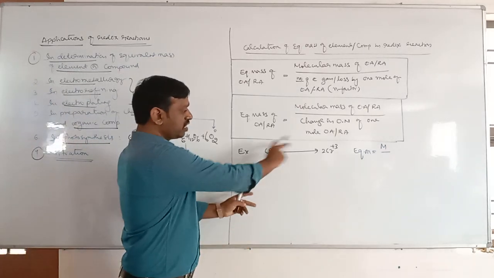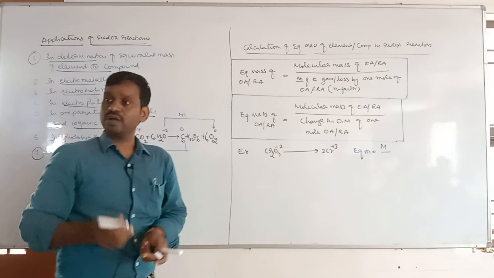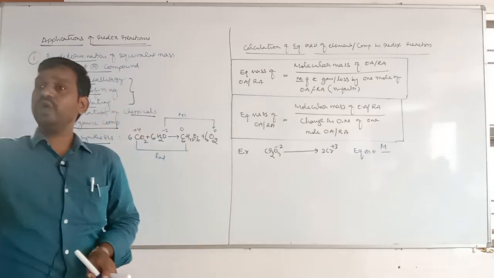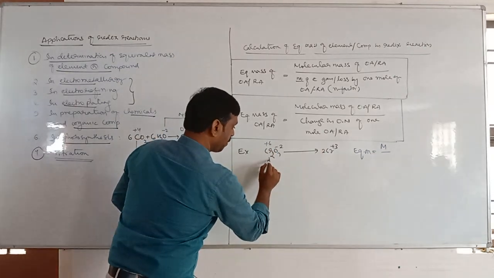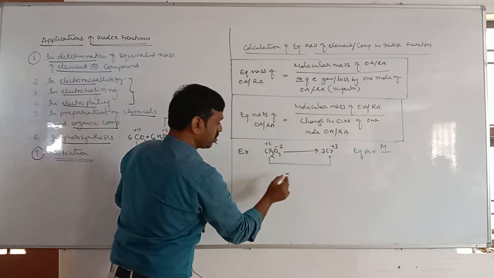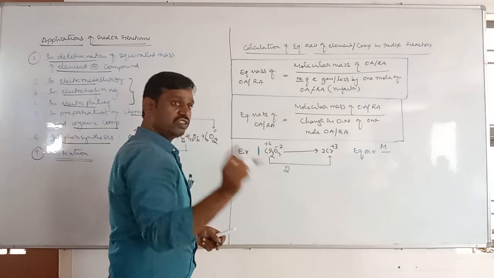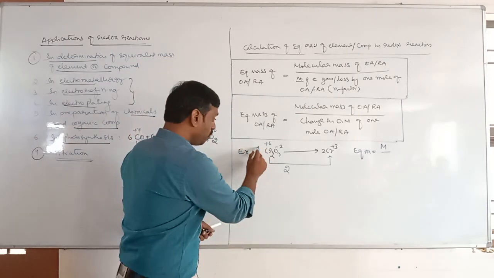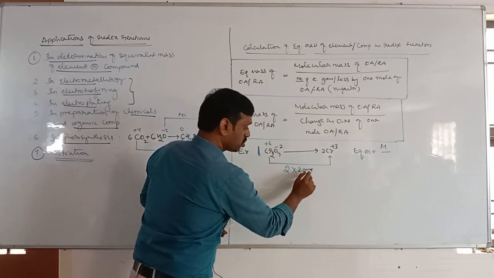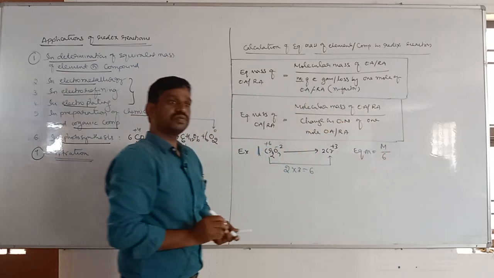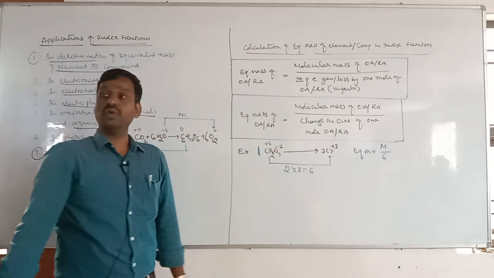See here, in this equation electrons are not given, so we need to calculate the change in OS. Chromium is +6 going to +3, and there are two chromium atoms, because I told you for 1 mole we need to calculate the change in OS per mole. This 1 mole has how many atoms? 2 atoms. 2 into change of 3 equals 6, that is M by 6. When electrons are not given, you need to calculate the change in OS.